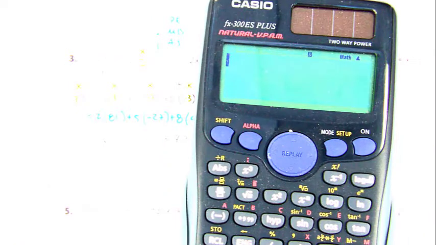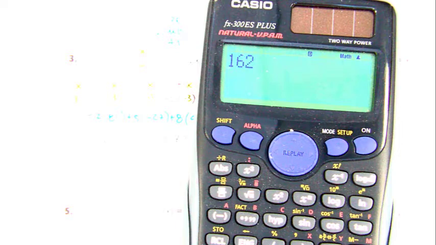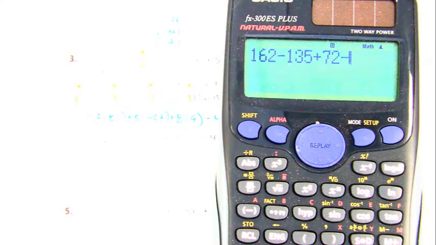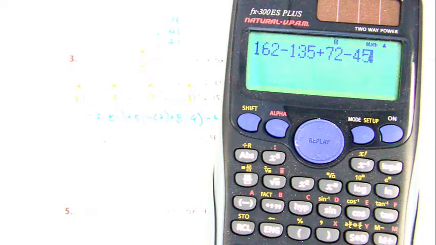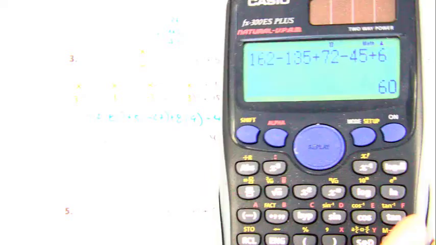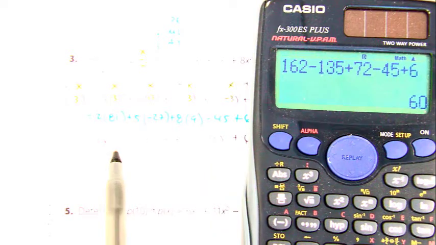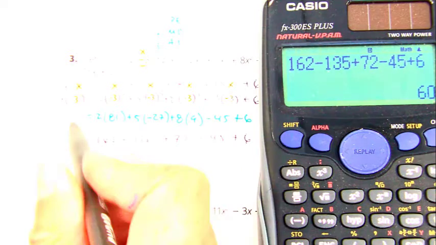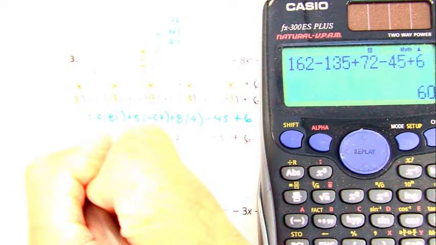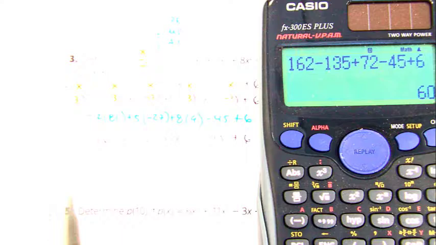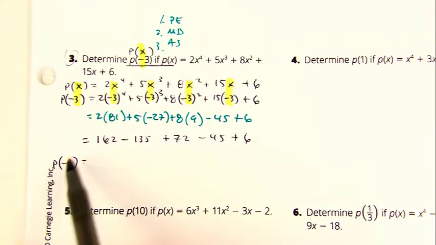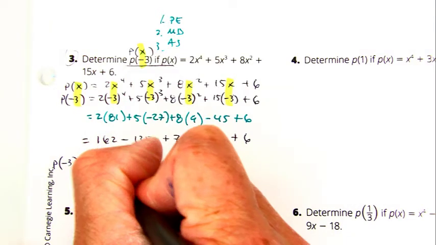So 162 minus 135 plus 72 minus 45 plus 6. And I got 60. See if that's reasonable. Looks reasonable. So my answer is P of negative 3 equals 60.